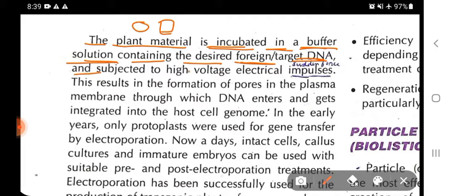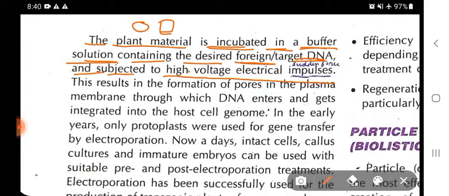Then they are subjected to a high voltage electrical impulse, that means we suddenly increase the voltage. How much has not been mentioned in this note. Later on in these notes I have introduced an electroporation note after some pages, and we will see it after studying these notes.